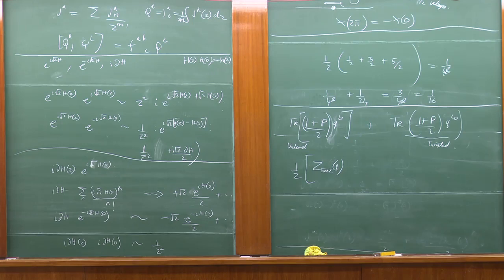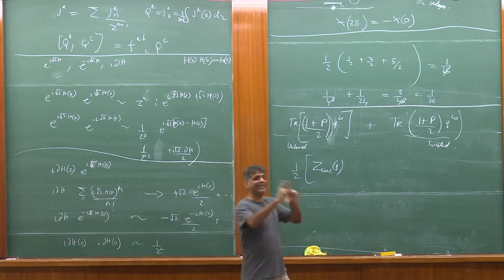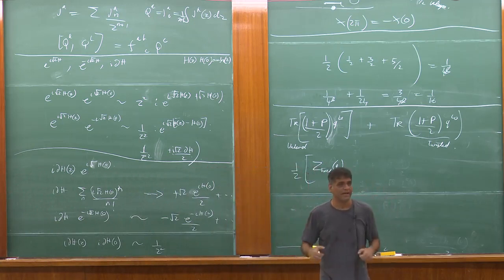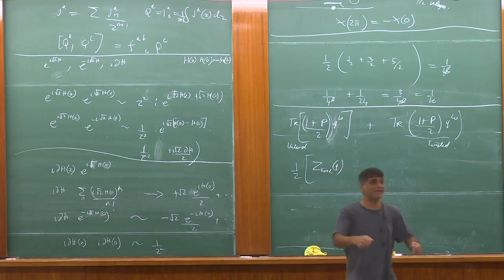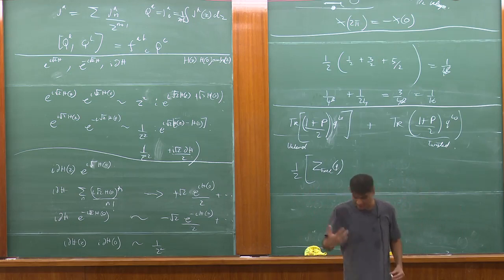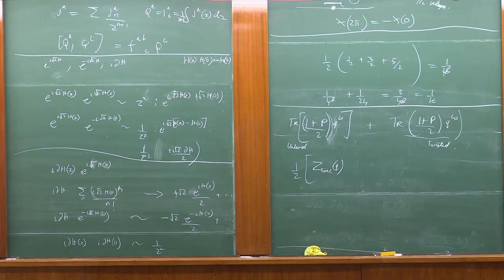For the oscillators, it takes states with an even number of oscillator action and multiplies them by +1, but states with an odd number of oscillators it multiplies by -1, because each oscillator has one factor of x and it implements x goes to minus x. Is this clear? So effectively it's the partition function in the oscillator sector with an extra factor of -1 to the power number of oscillator excitations.